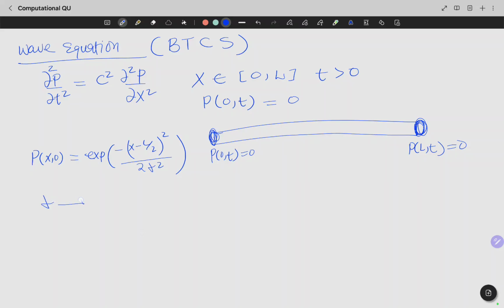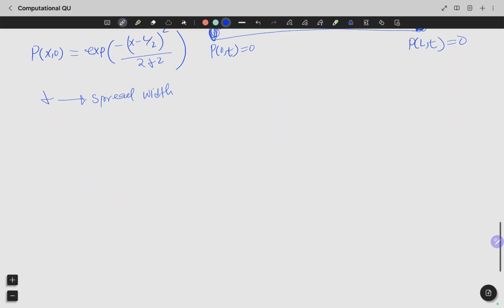Sigma is the spread of the pressure, the width of the spread.